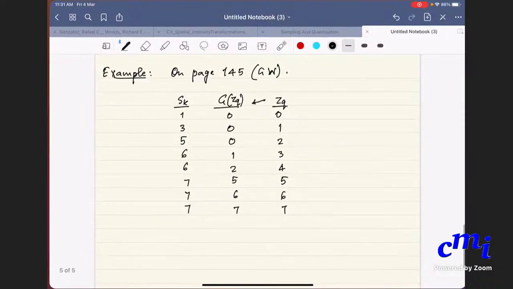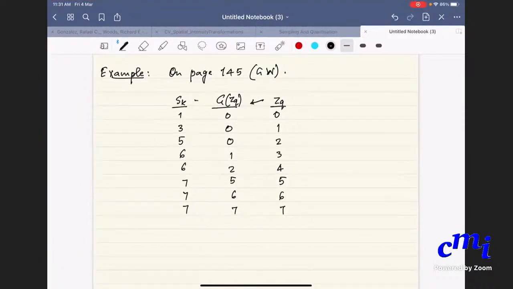Now the thing to do is match SK and GZQ. When matching, you want to look at the value of ZQ so that GZQ is closest to SK. So the matching on this side is going to be: 1 matches with this 1.